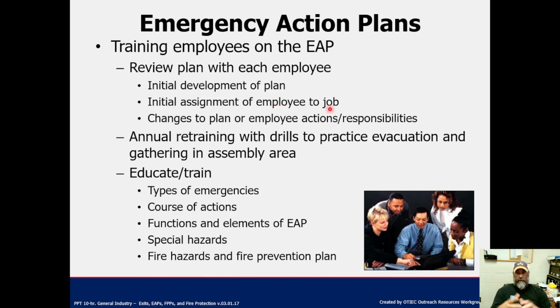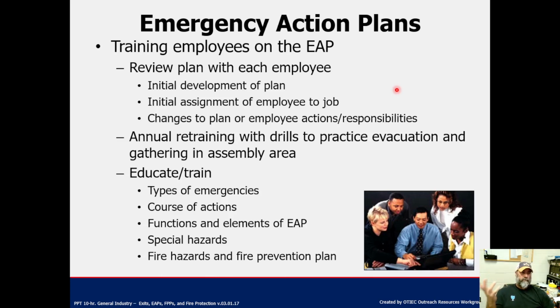If you don't have a plan, you have to do the initial development of that plan, and the assignment of employees to the job. So you're assigned to a certain area. You need to be trained on the emergency action plan of that area, because it may be different. The evacuation plan in one area of a facility may be completely different than in another area, because you could have different types of emergency scenarios.